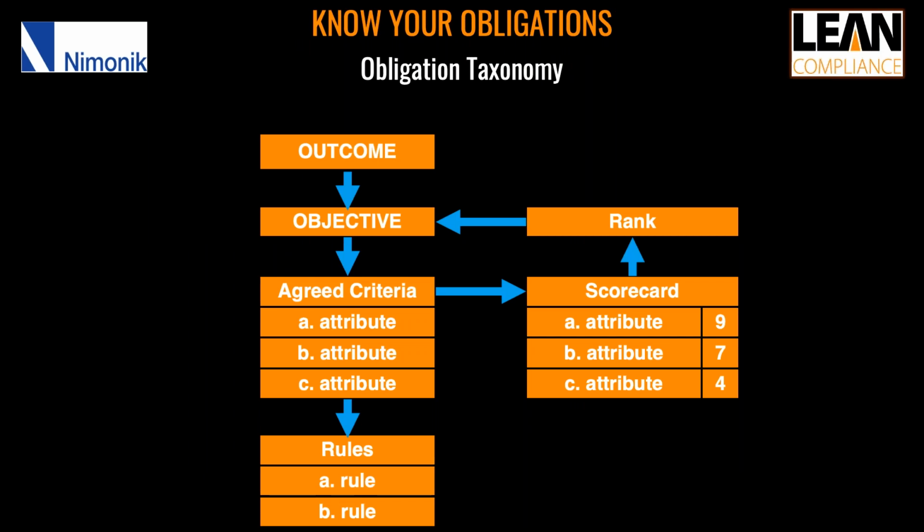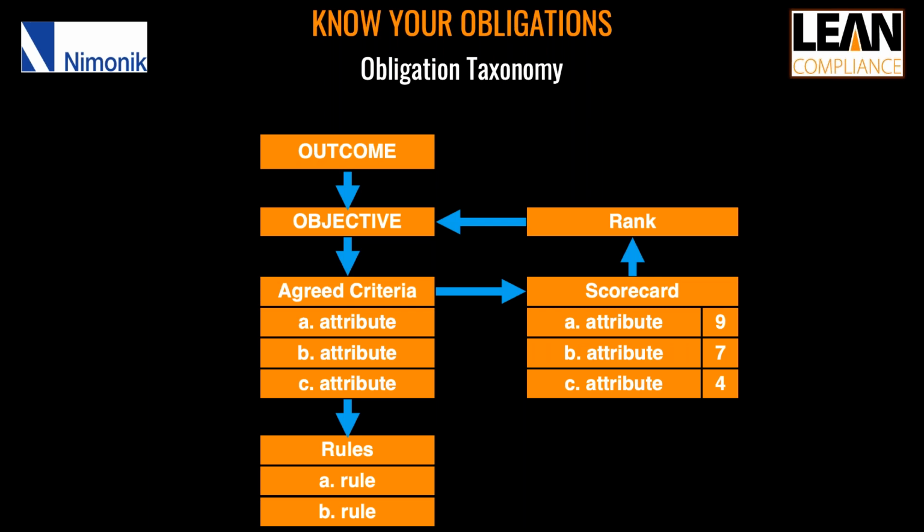Now I've put all this together in a diagram to help you visualize where these things come into play. And this is going to help us understand the kind of information that we'll need to put into our obligation register. So let me just orient you around this picture quickly here. Every obligation or commitment, requirement or commitment, can be broken down into the following kind of components.